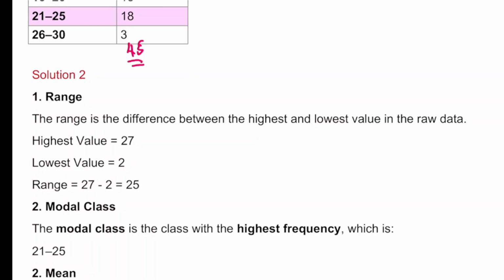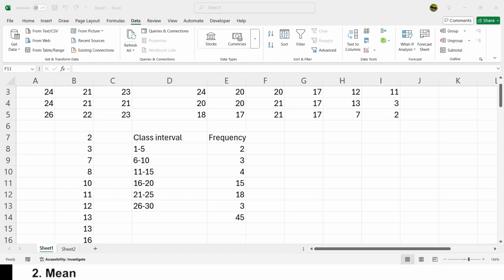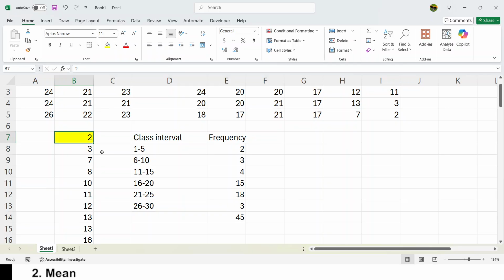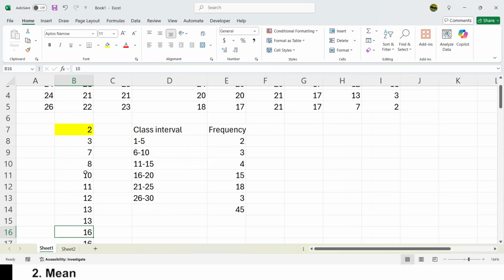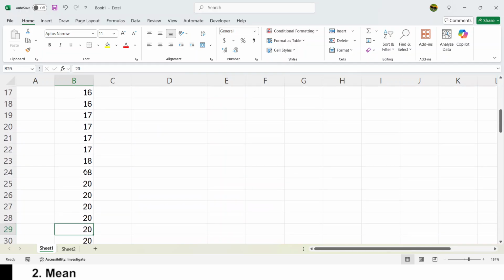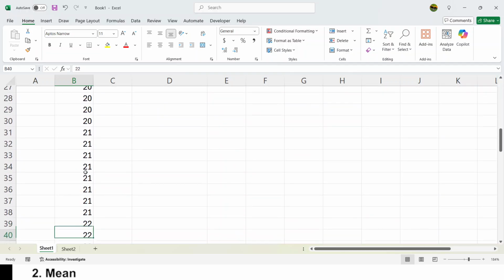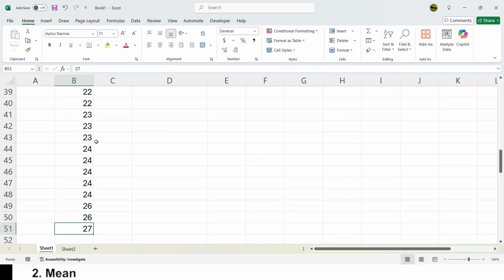If I go back to my Excel, you will find that my smallest number was this. Let me highlight it in yellow. My smallest number was that, and my highest number was this.